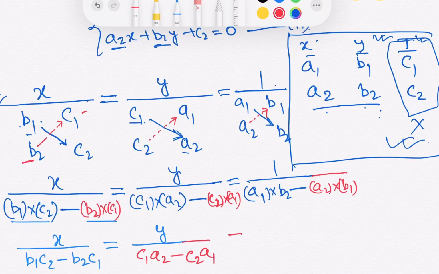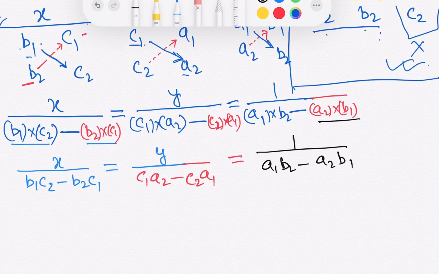This portion is complete. Then you write here the constant portion, which is a1 b2 minus this one multiplied with a2 into b1.